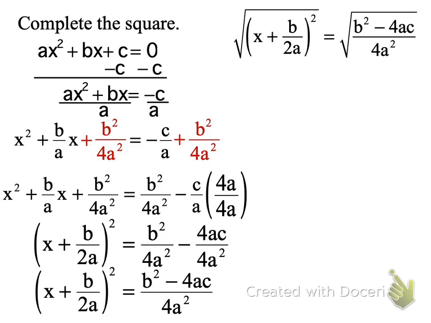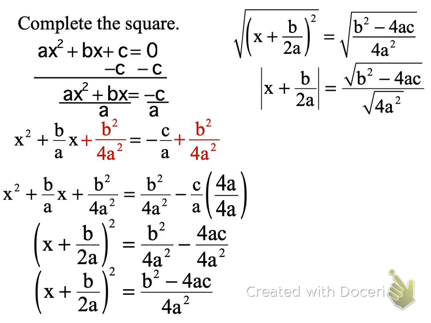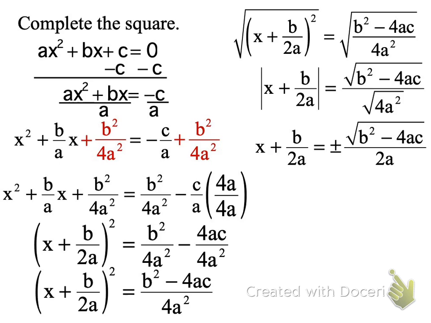Okay? So we're going to do that. Now, I can't take a square root out of that numerator, but in the denominator, what does it simplify to? 2a. Okay, and to lose the absolute value, we have to write plus or minus, right?